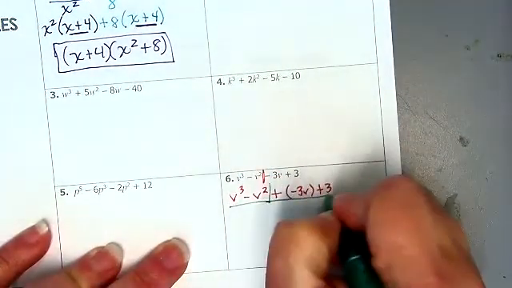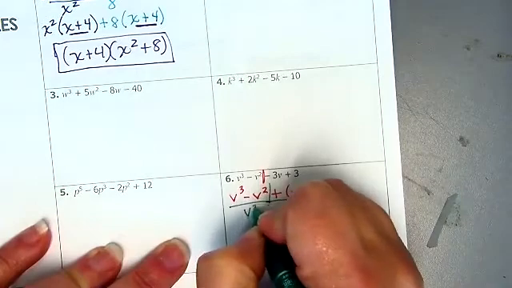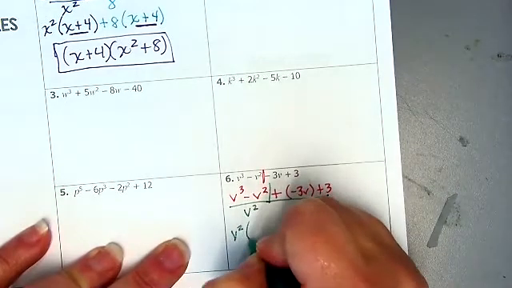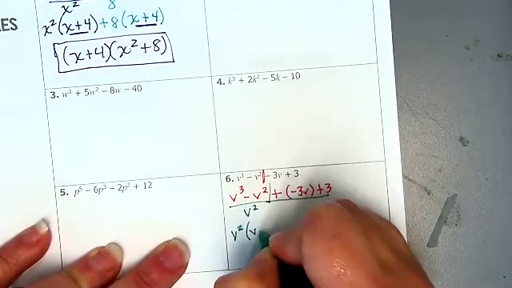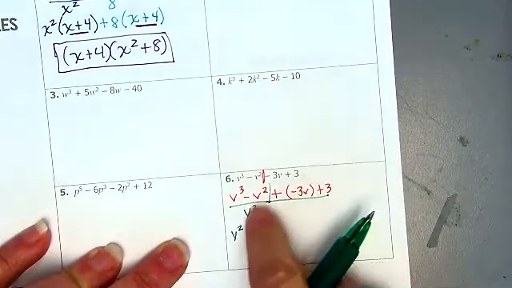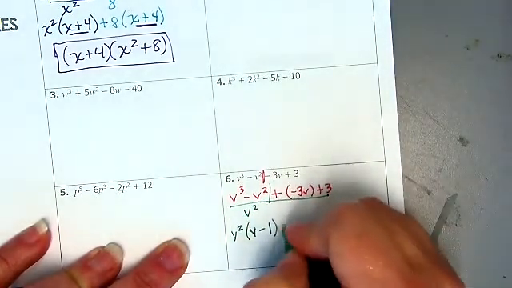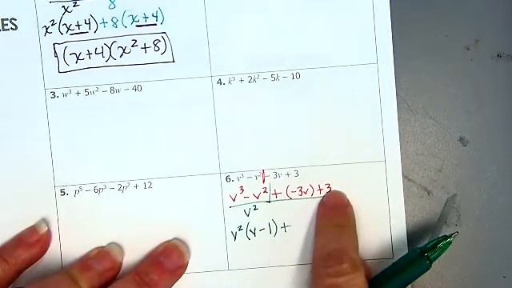Divide down the half. So this is v squared, so I have v squared, and then I've got v. That's just going to be minus 1 because v squared divided by v squared is 1. Plus, now what's my GCF here?